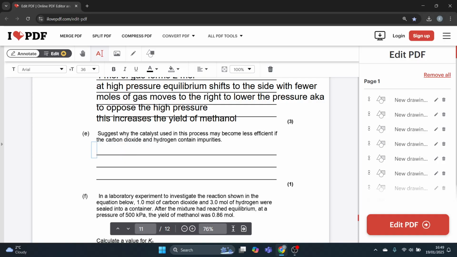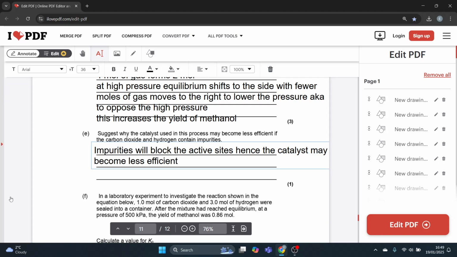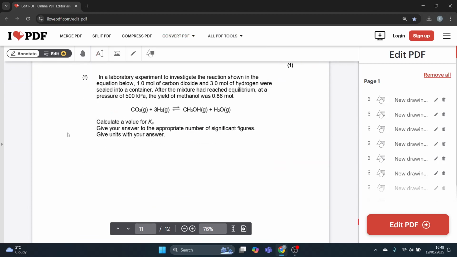But I guess you should notice impurities will block the active sites, hence the catalyst may become less efficient. And remember, the substrate binds to the active site.